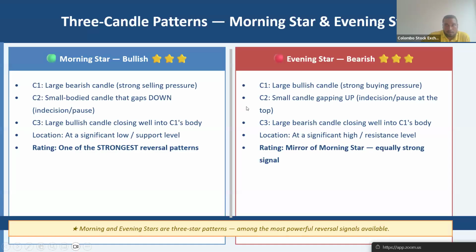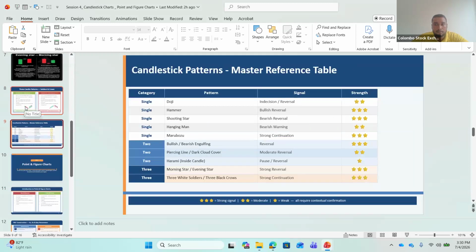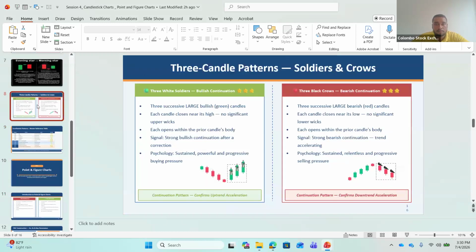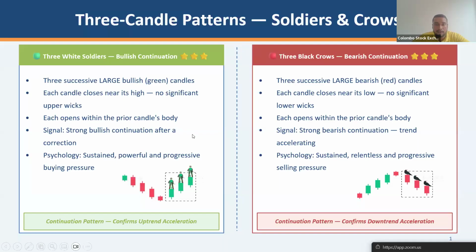Okay, so what do we have next? This is not very rare.